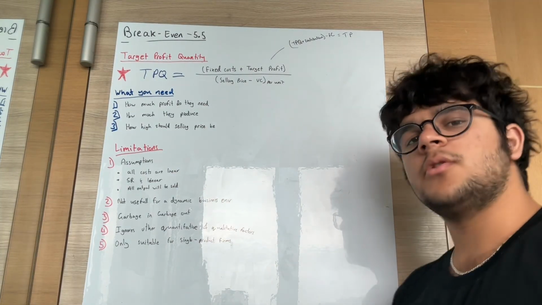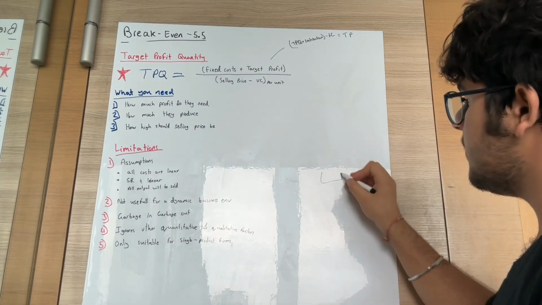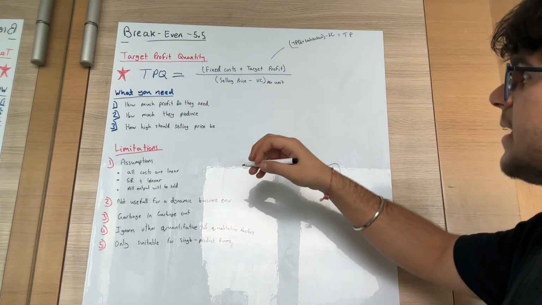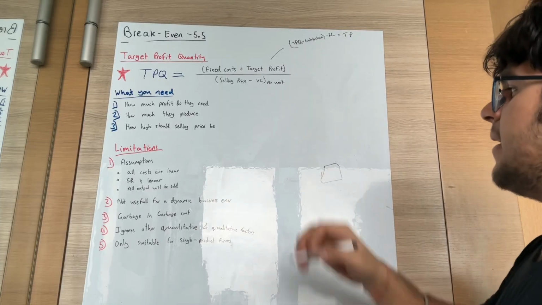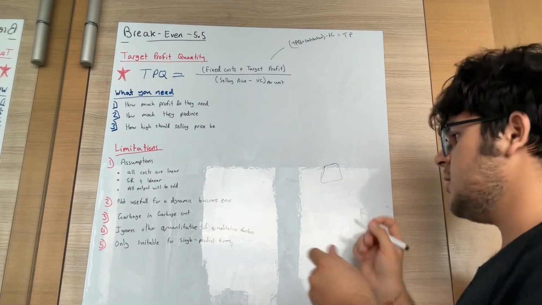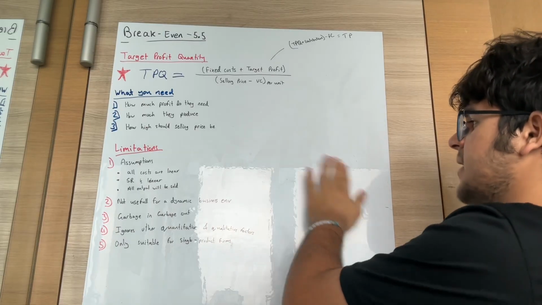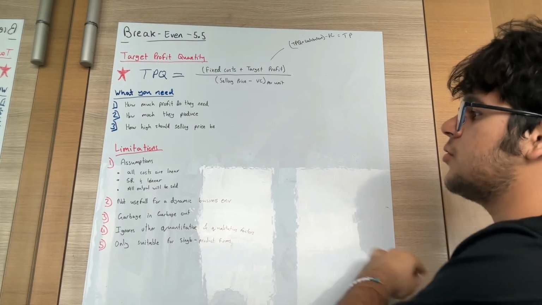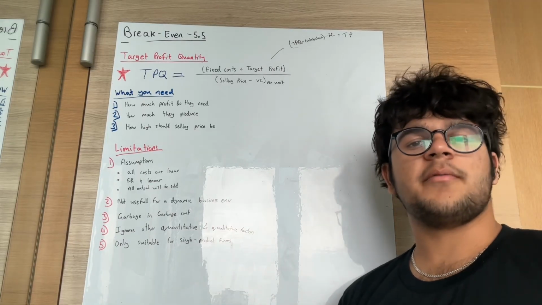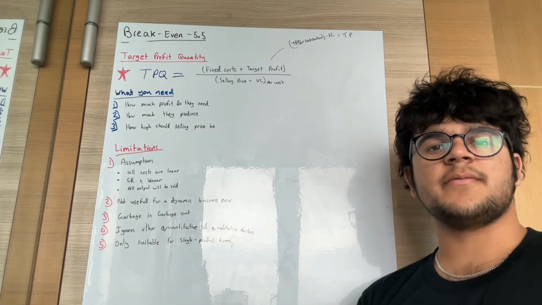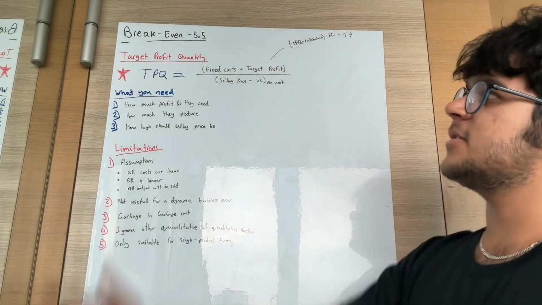Okay, if I produce 10 products in a factory, okay, then if I do a break even of each different product, the fixed cost of that 5,000 is going to each product. But that's not really realistic though. So it's kind of not so suitable for these multi-product firms. So yeah, that is all on break even.